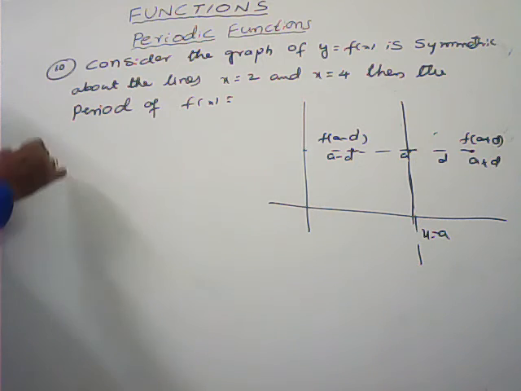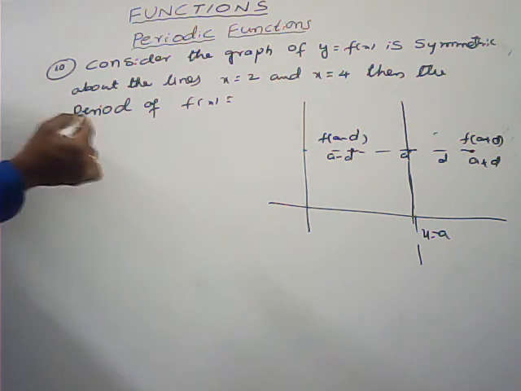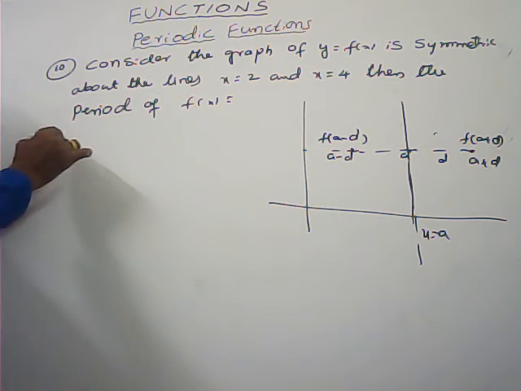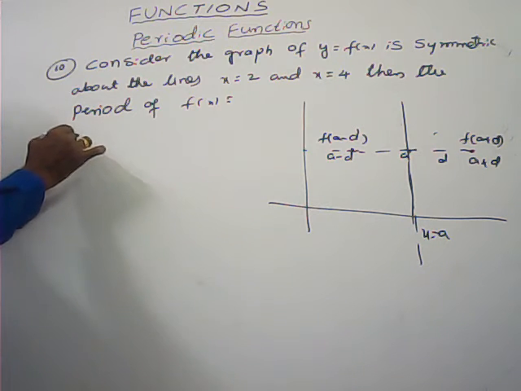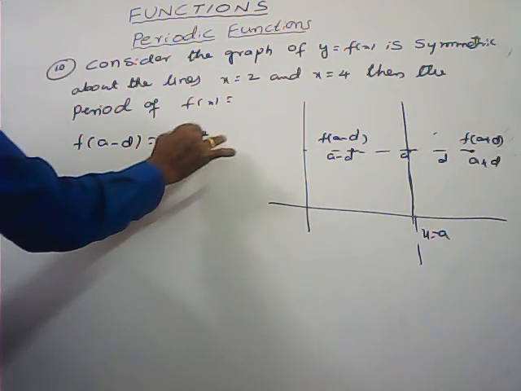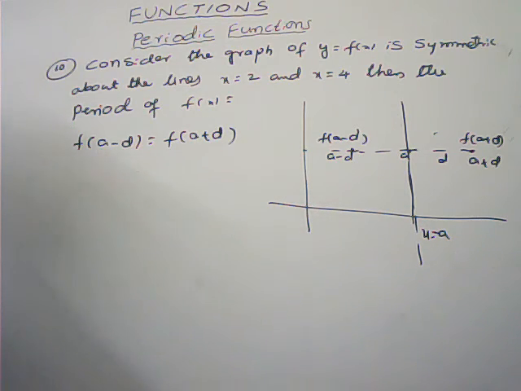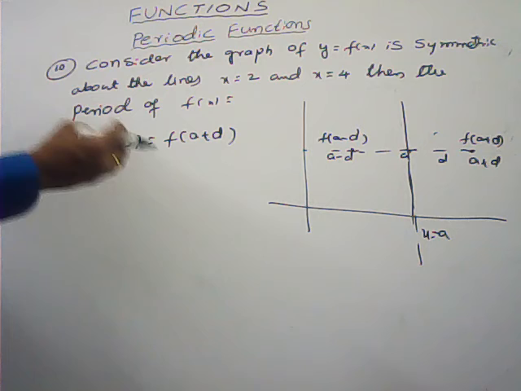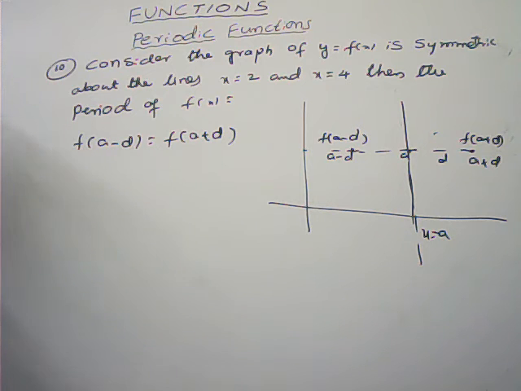So if the curve y equals f of x is symmetrical about x equals a, then we can write f of a minus d equals f of a plus d. Why? Because by taking the same distance on the right side and the left side, the corresponding y values should be the same.